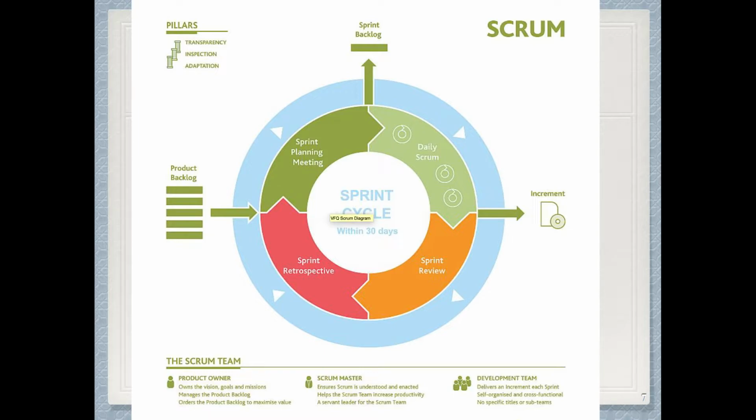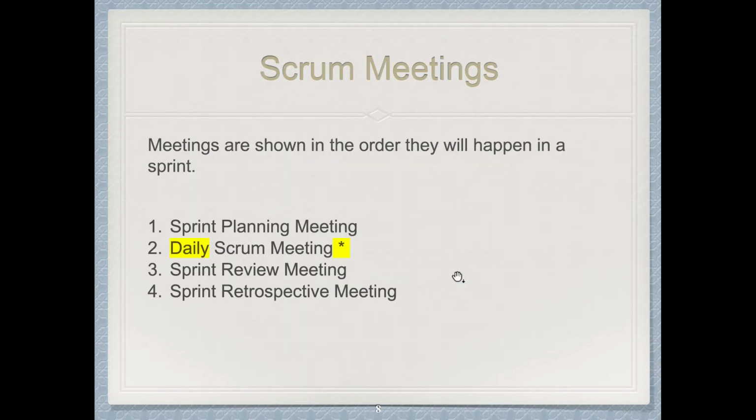Is there anything that needs to be improved? So we try to improve the process, the way people work together in a team, in the retrospective meeting. But in the review meeting, we look at the product. We focus on the product. So let's look at the meetings one by one.